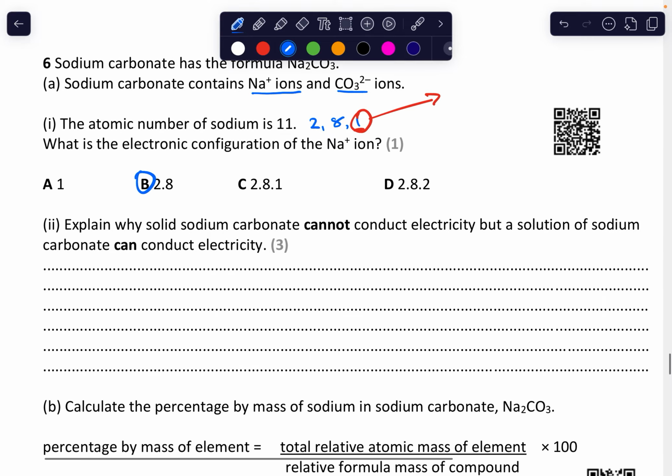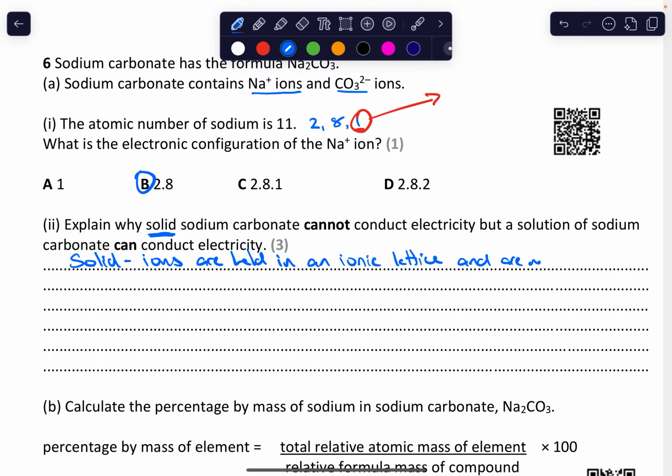Explain why sodium carbonate cannot conduct electricity when it's a solid, but a solution can conduct. Okay, so what we need to say here in a solid is that the ions are held in an ionic lattice and are not free to move.